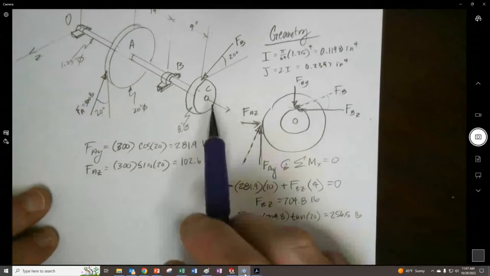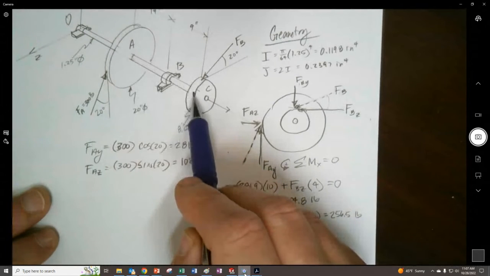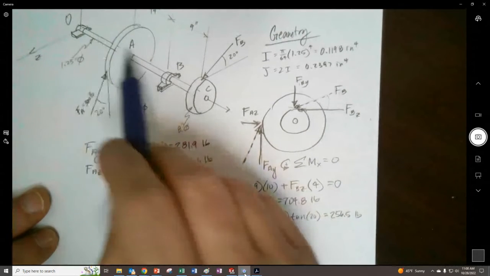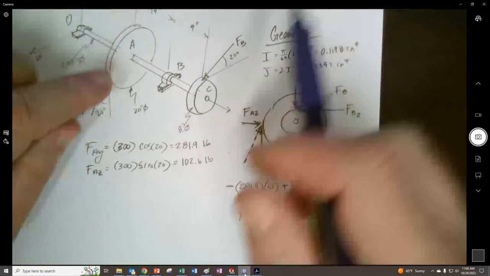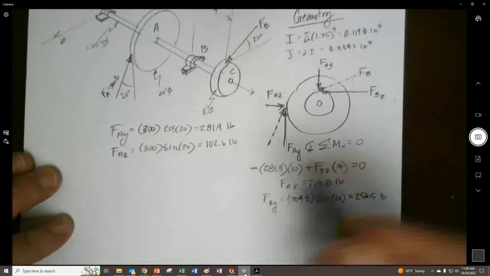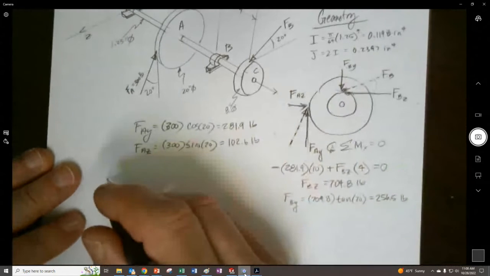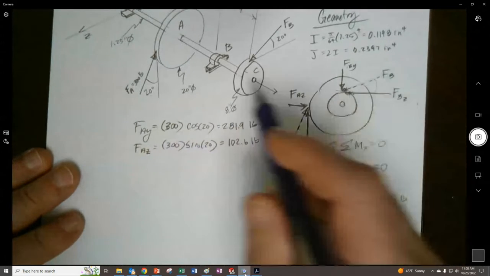Now we're going to need to know what the torque is in between this gear and this gear. Remember, the torque is going to be 0 out here, but there's a twisting going on in between these two. So I'll draw another FBD. I didn't plan out my page very well, but we could do either one of these.